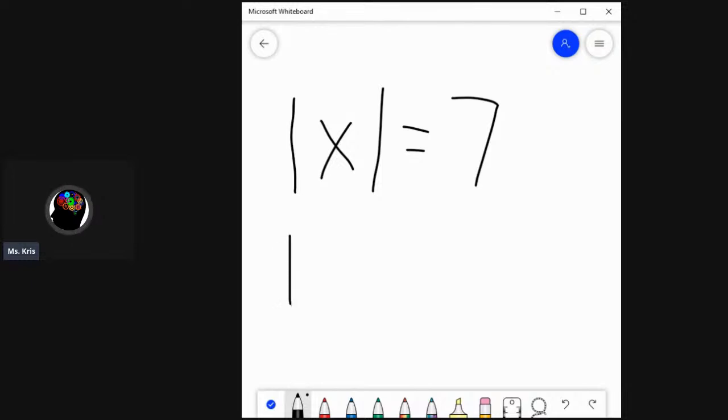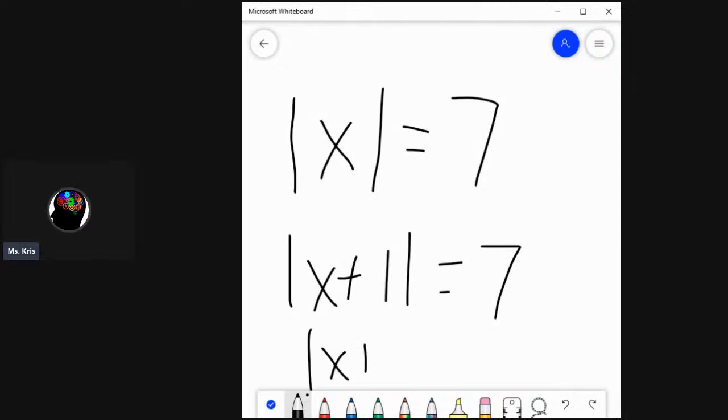Absolute value equations must equal a positive number. If the absolute value does not equal a positive number when you're solving for it, there is no solution.